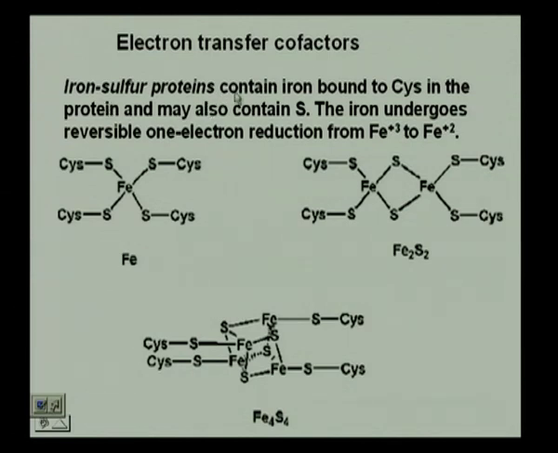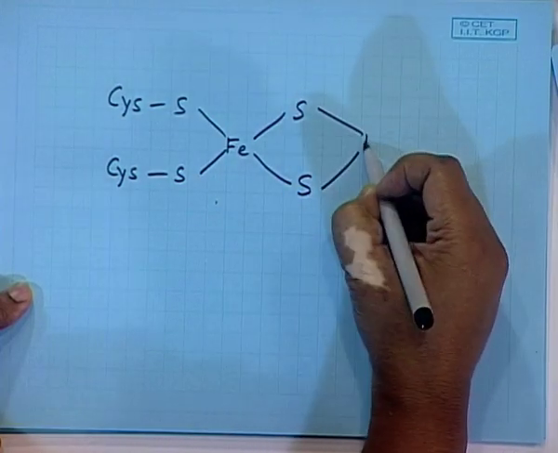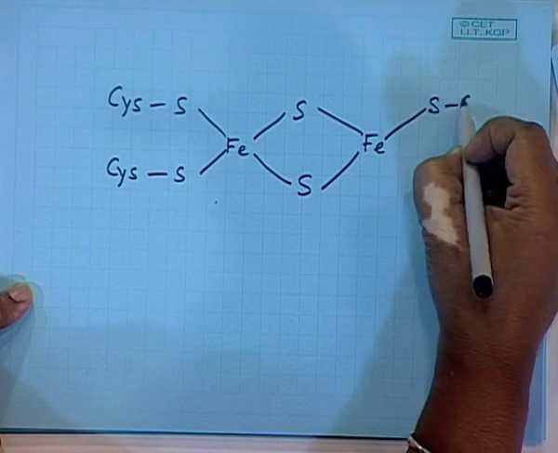These are the iron sulfur proteins that contain iron bound to cysteine in the protein and may also contain sulfur. For example, the one that is shown on the right hand here, you see there are 2 irons coordinated, 2 with cysteines and 2 with sulfur atoms. Okay. So, we have a structure where we would have 2 cysteines which have their sulfur atoms associated with an iron atom, this again associated with another one, this associated with another iron, this associated with the cysteine.